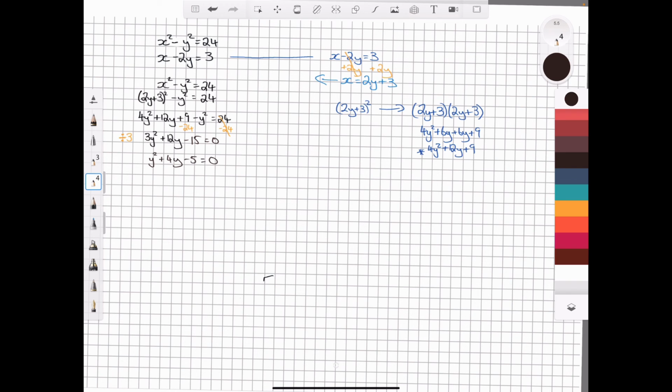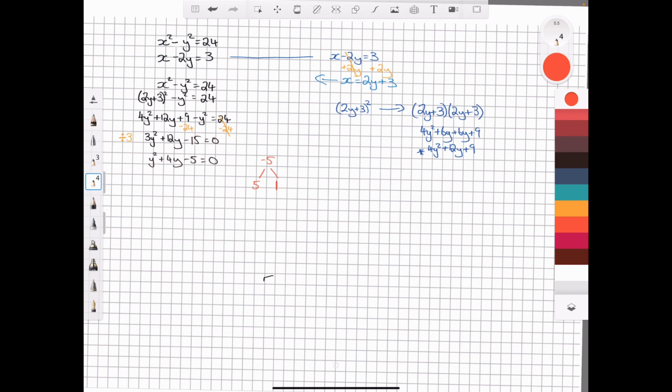And now we're going to do the guide method. So 1, because 1 is in front of y squared, multiplied by minus 5 is minus 5. And we want the factors of 5, which in this case are going to be 5 and 1.